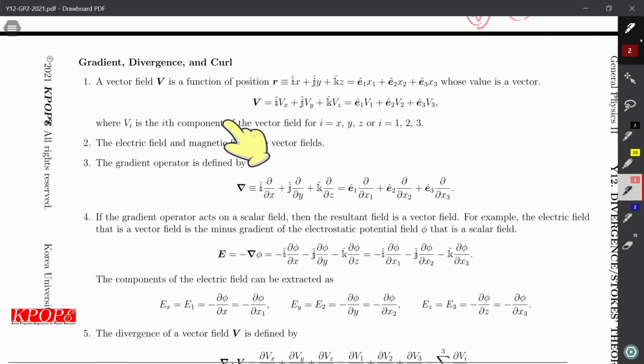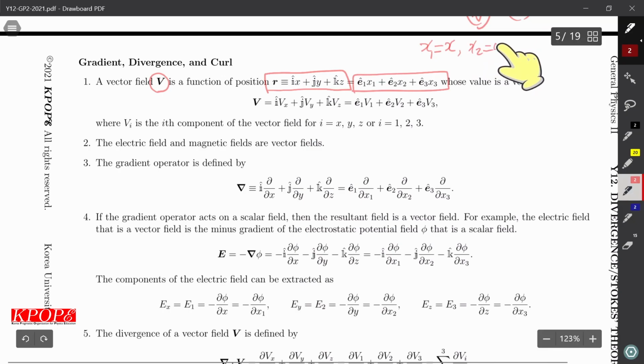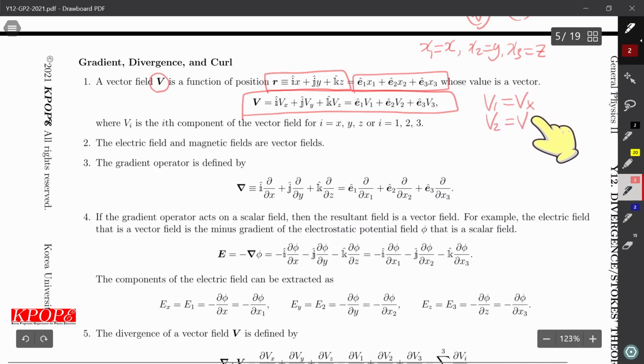Gradient, divergence, and curl. Vector V is there, and the position vector can be expressed in either way. Here, x1 stands for x, x2 stands for y, and x3 stands for z. So a vector has three components: v1 stands for vx, v2 stands for vy, v3 stands for the z component.